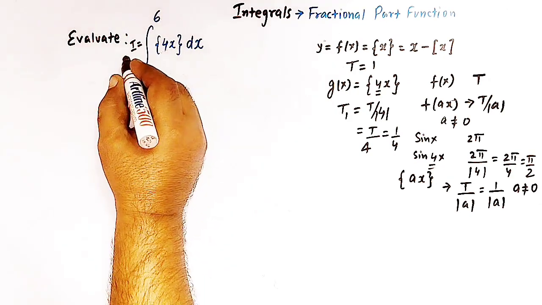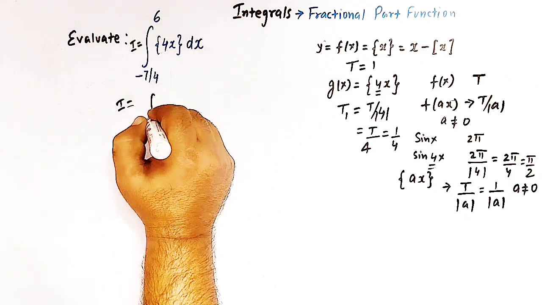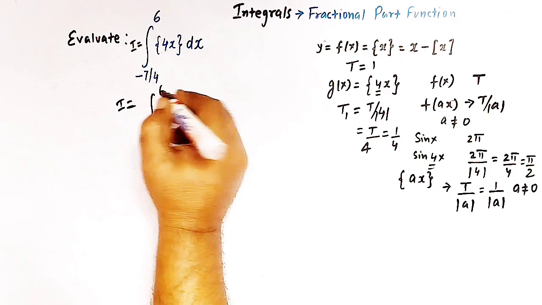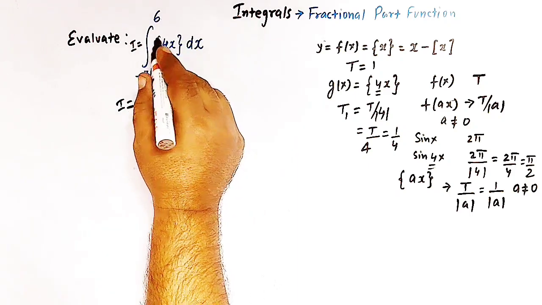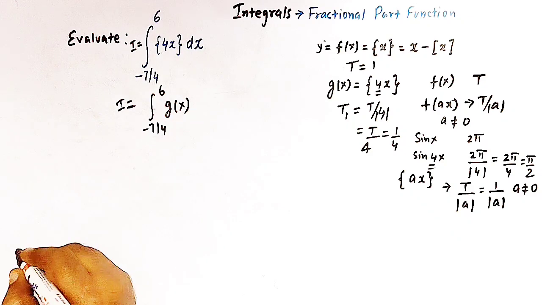So now let us write this integral I as integral from minus 7 over 4 to 6, and fractional part of 4x can be written as g of x, right?